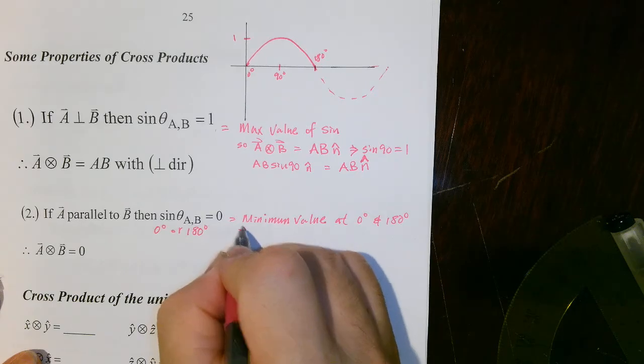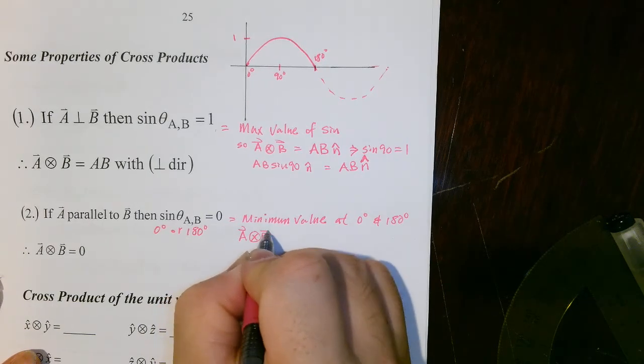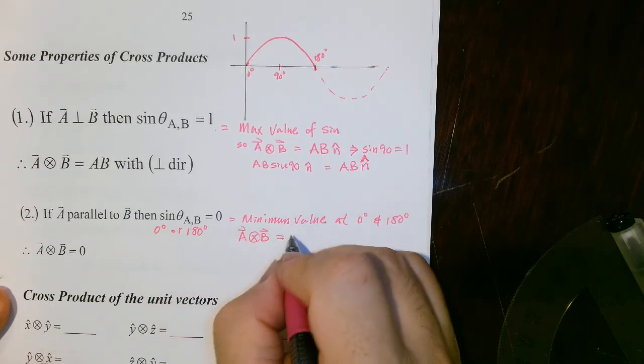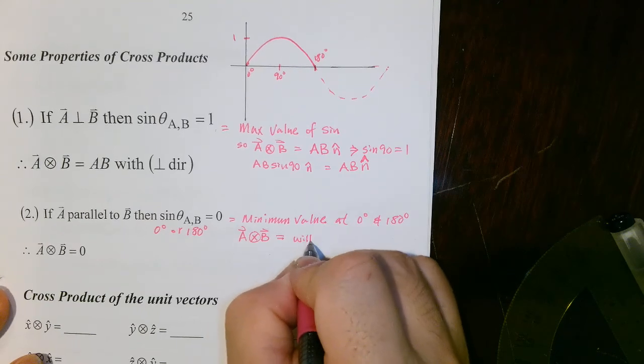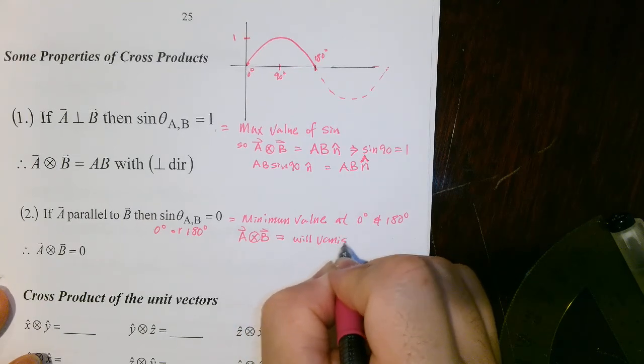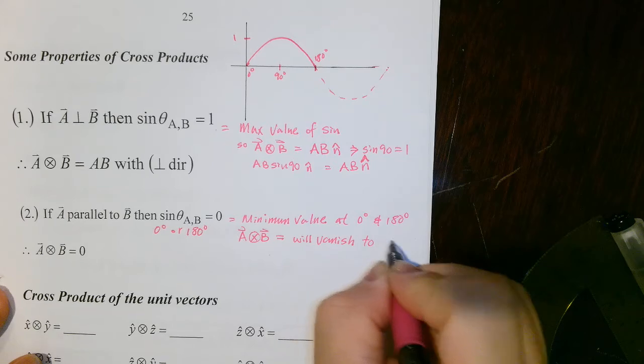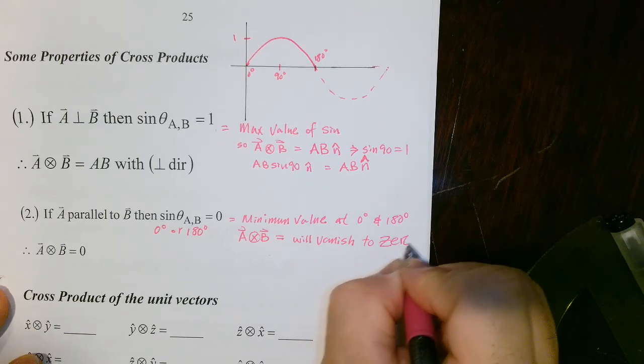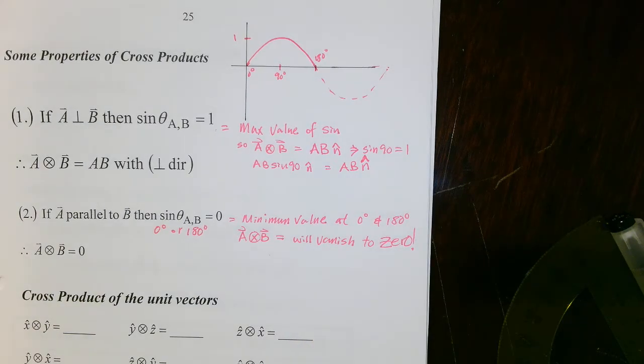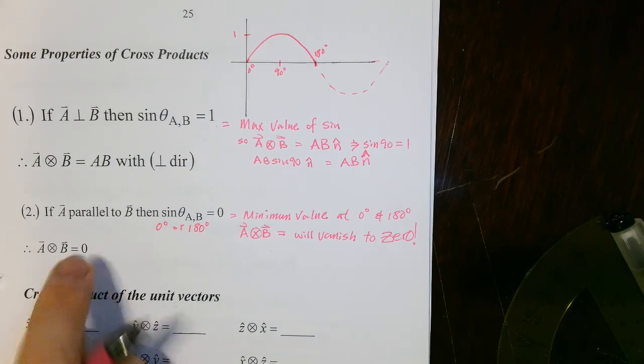And A cross B will vanish to 0. All right? So when they're parallel to one another or anti-parallel to one another, when you cross them, they will go to 0.